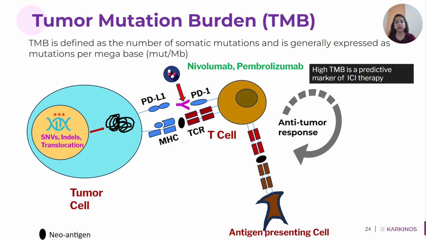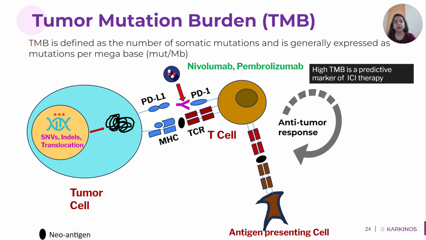So let's start with tumor mutation burden. It is usually defined as the number of somatic mutations and is generally expressed as mutations per megabase. So in the case of non-synonymous genomic alterations, that could lead to the formation of a new antigen, and that new antigen can be recognized by the immune system, which can elicit an immune response.